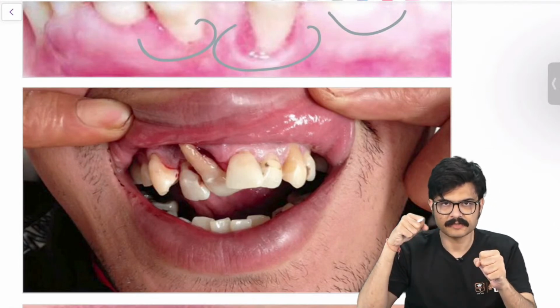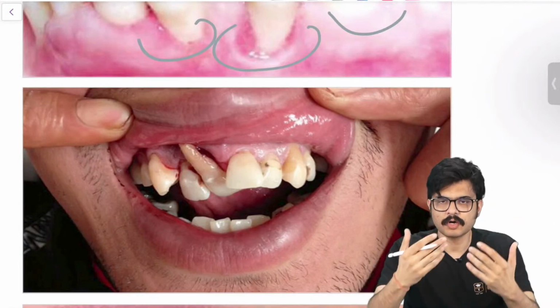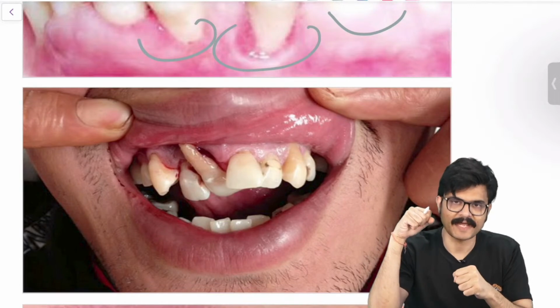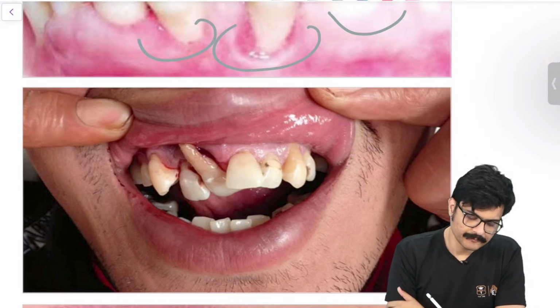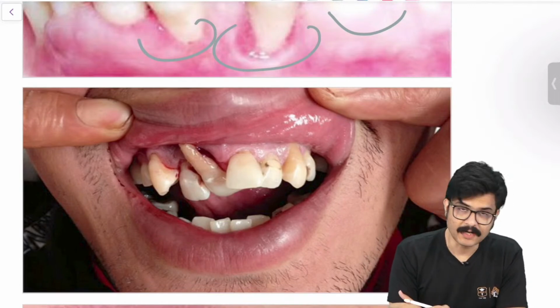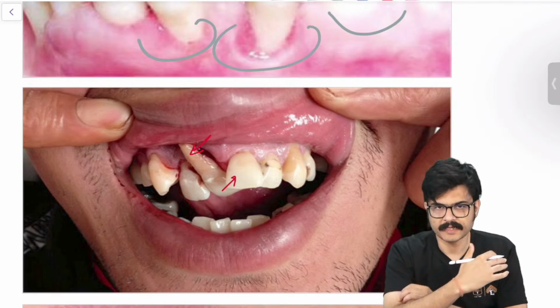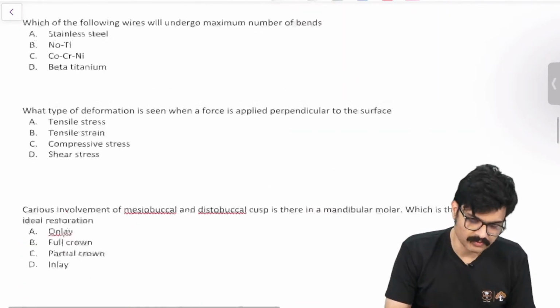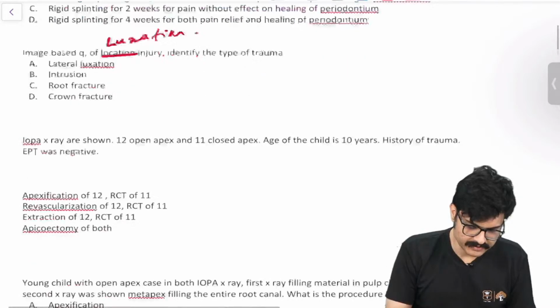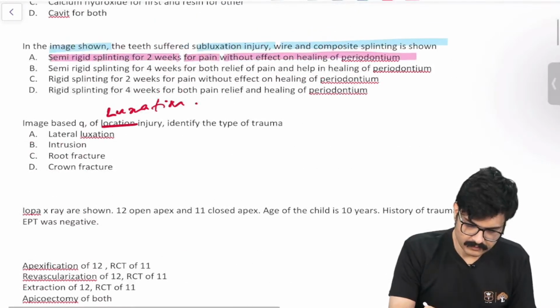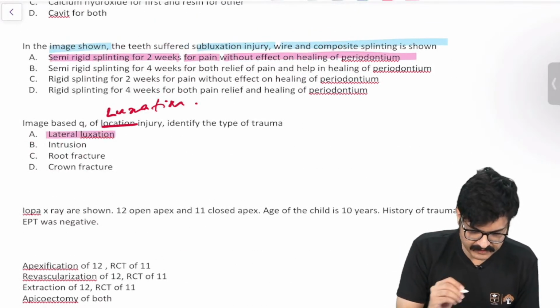It's like you get a blow when you hit a wall, or when you get a traumatic injury while having a fight, right? So on the labial surface, the crown is tilted palatally or lingually, and the root comes out labially, right? So it's a classic case of lateral luxation, no doubt about that. That is your answer. So lateral luxation is our answer here.